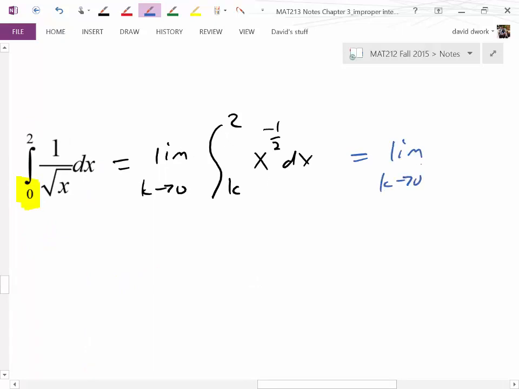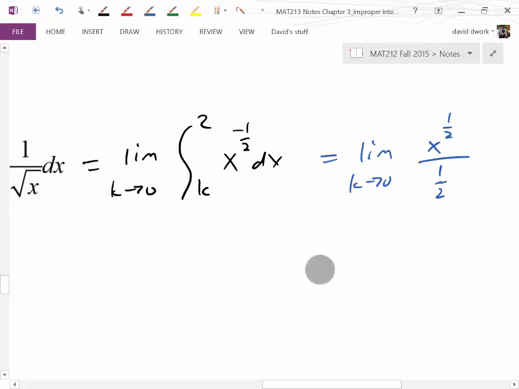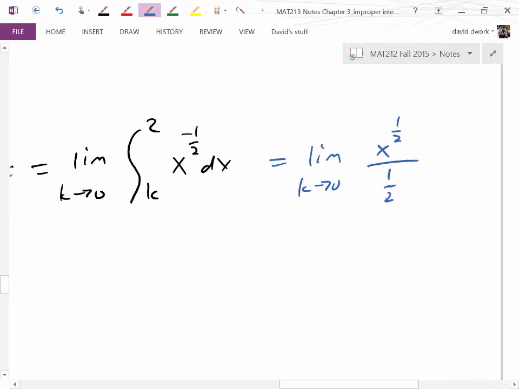So I'm going to go ahead and add 1 to that, which will give me 1/2 divided by 1/2. And just through a little bit of algebra, multiply by the reciprocal. So this is going to end up just being 2. There we go. And then that'll be evaluated from k to 2.